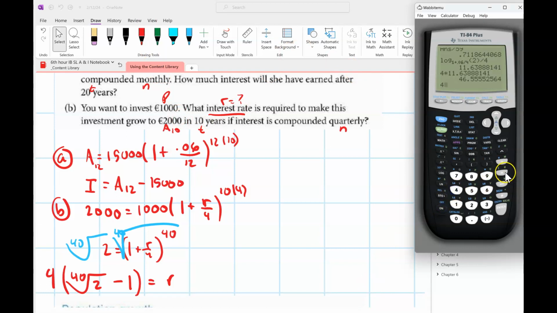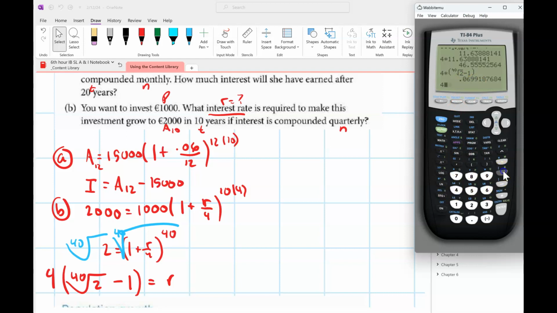So 4 times. How do I make a 40th root on my calculator? Math, and then option 5, and type in 40 for my root. The other option is you can use an exponent. So just under 7%.